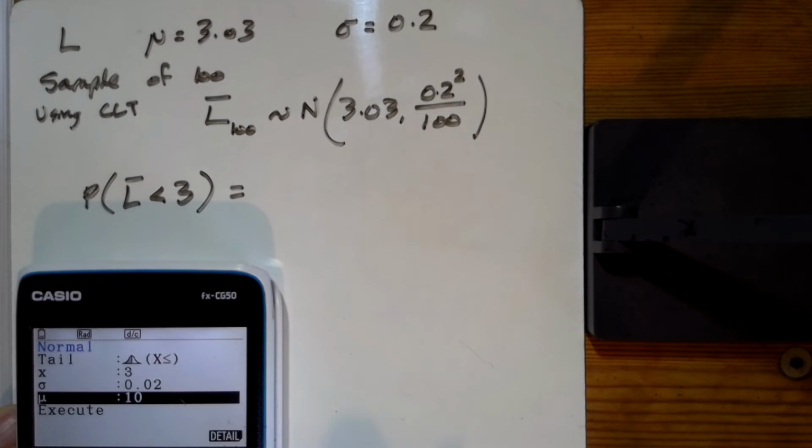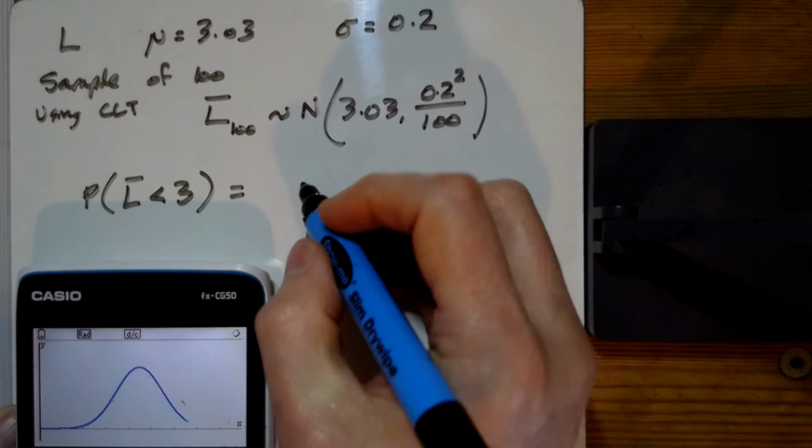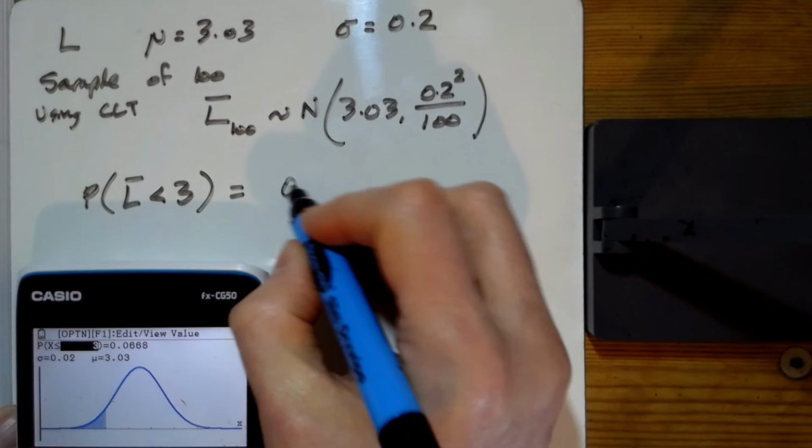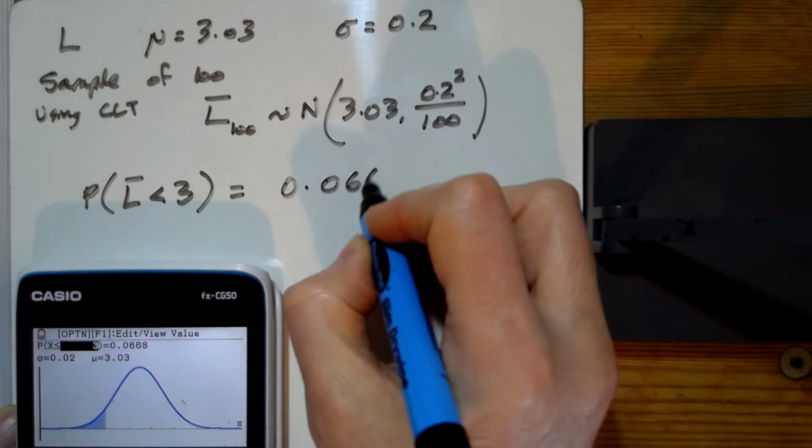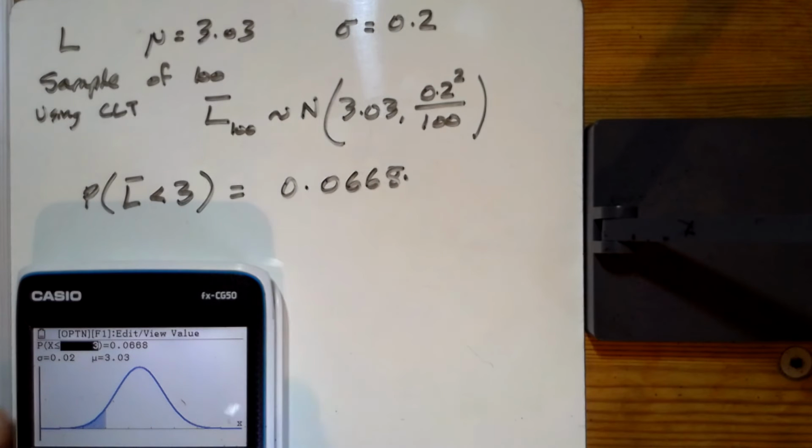That's going to be tiny, isn't it? Oh, just 0.02. And the mean is 3.03. And so that probability works out to be 0.0668.